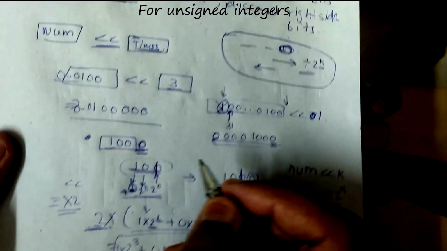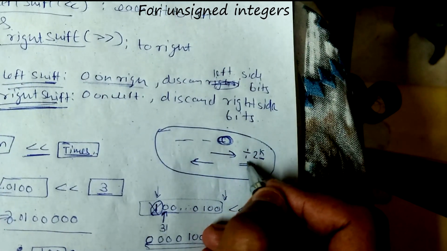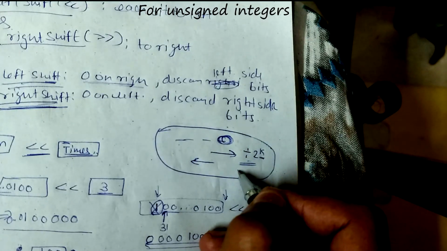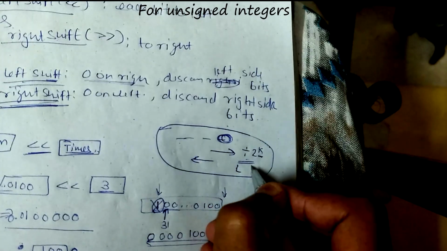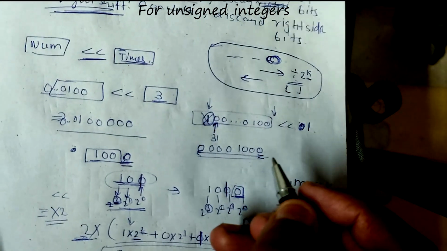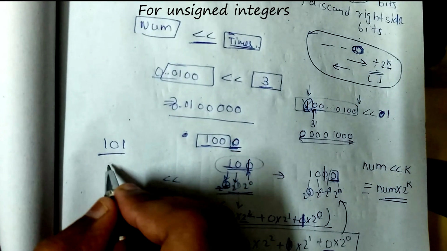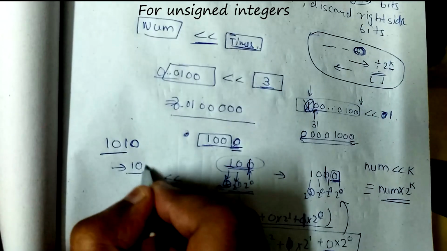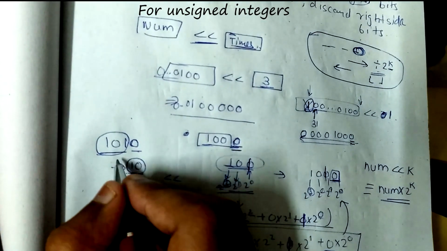Actually, that might result in a floating point number, so we discard the point, we just take the floor. For example, if we had 5 here, we add a 0, it becomes 10. So this was 5, we added a 0, it became 10.